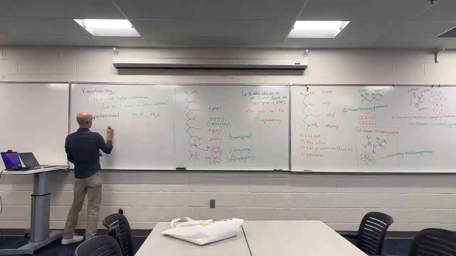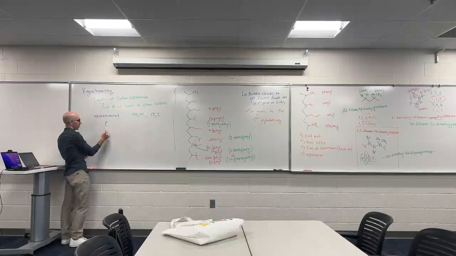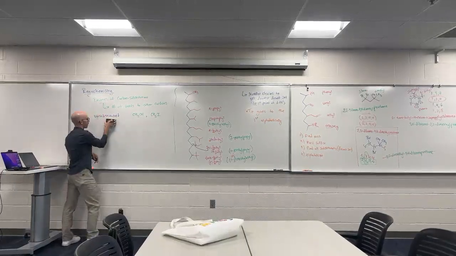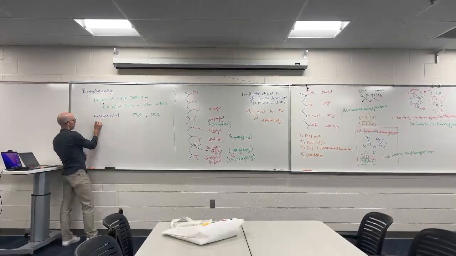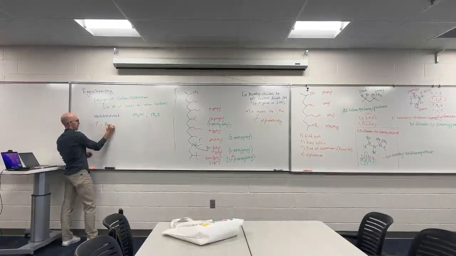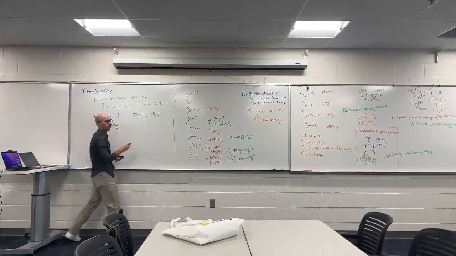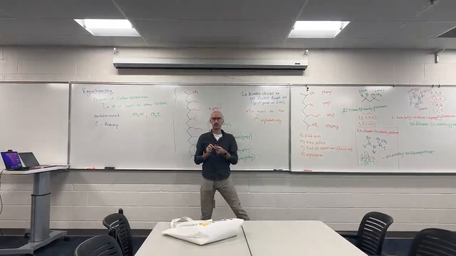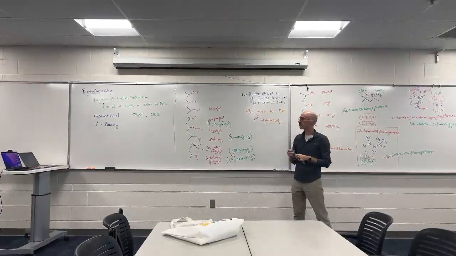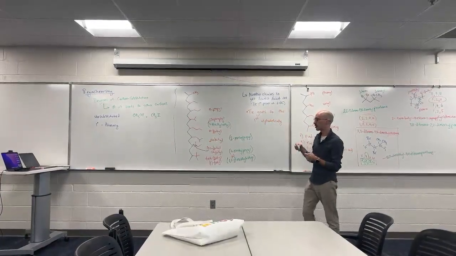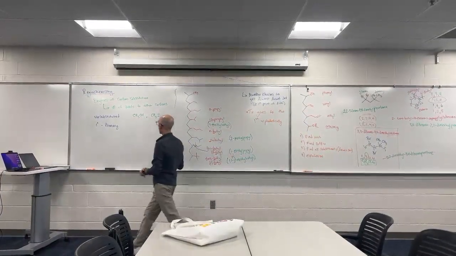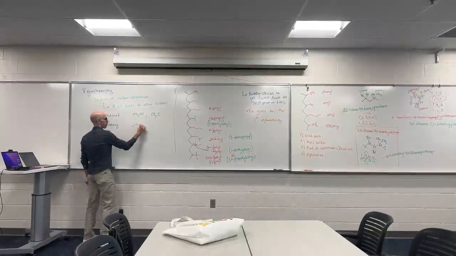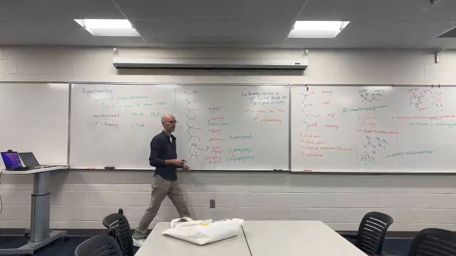If your carbon is bonded to one other carbon, we call this primary, and we represent it with 1 degree. So all I need to change here is to have a second carbon in my structure.